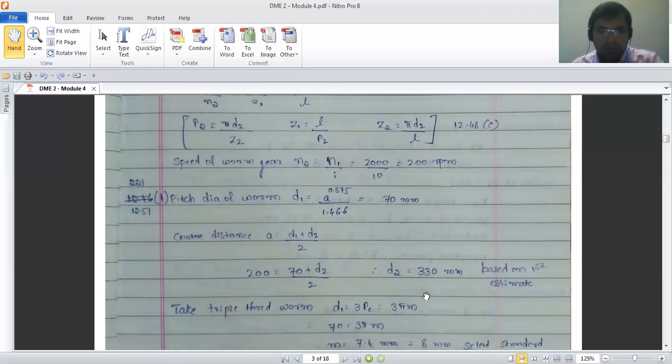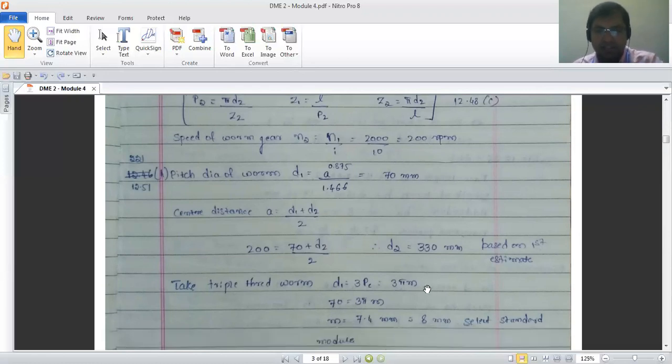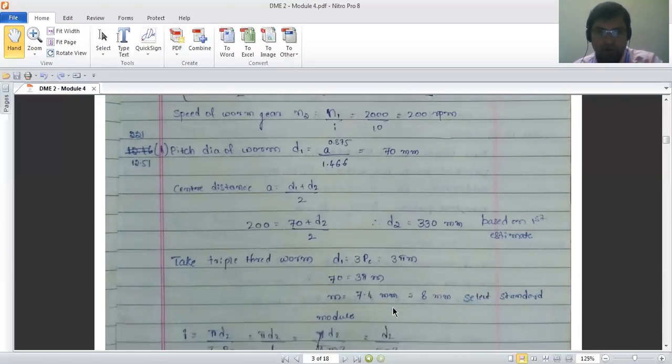Now let us consider a triple threaded worm. In this consideration, D1 can be written as 3 times the pitch circle, or 3 pi m, which is replaced by pi m, where m is the module.